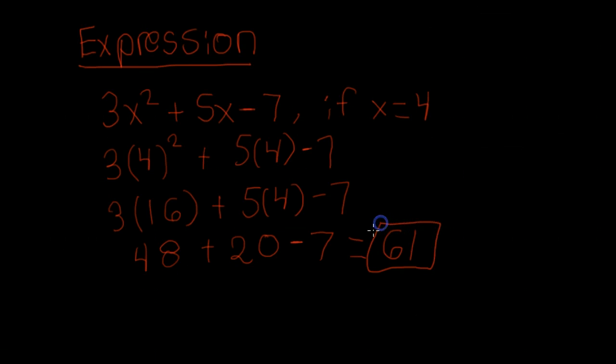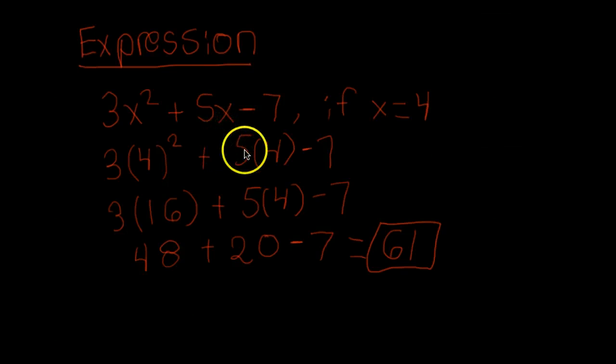So, when we plug in 4 to this expression, it has a value of 61. So, the way that we arrived at this answer depended on a few certain things. First, you have to realize that when we're evaluating the expression at x equals 4, we need to plug in 4 for whenever you see x in the expression.